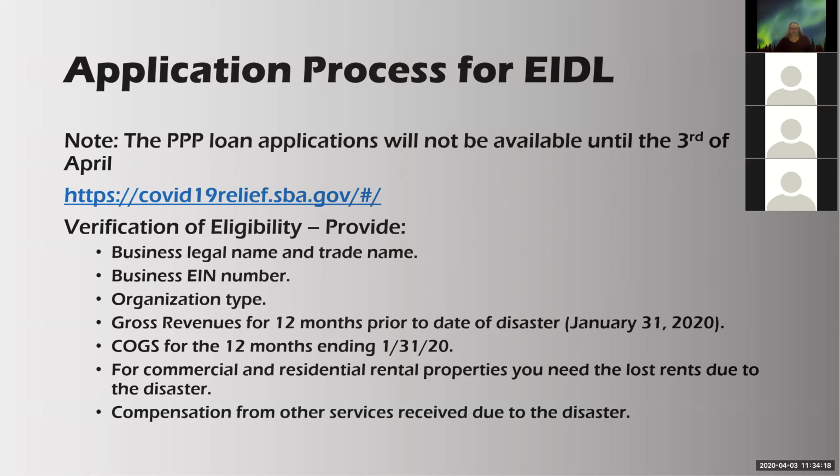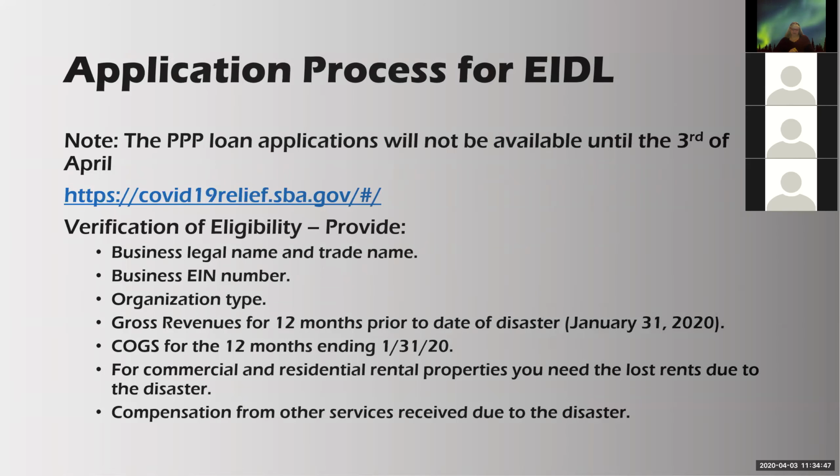So first off, you have to have your verification of eligibility, legal name of the business, EIN number, what kind of an organization it is, meaning is it an S Corp, a C Corp, an LLC, things like that. Your gross revenues for the 12 months prior to the date of the disaster. They have said that the disaster started on January 31st.